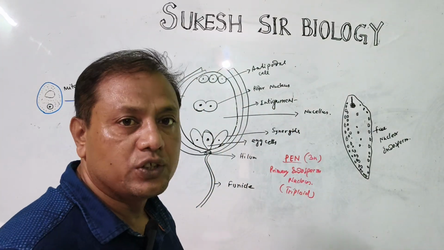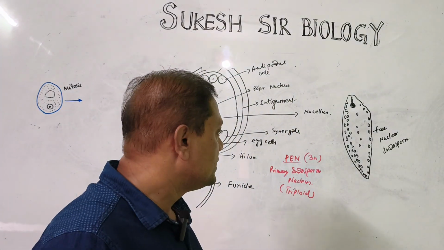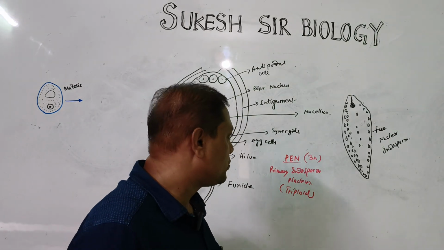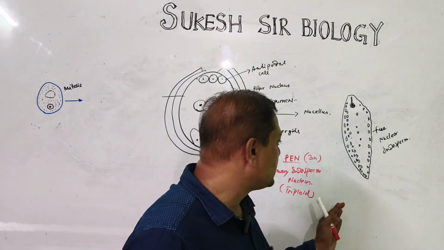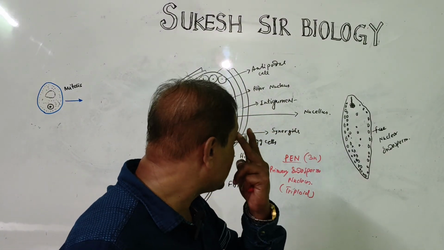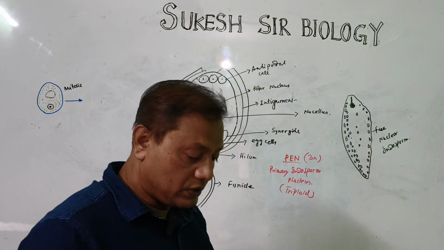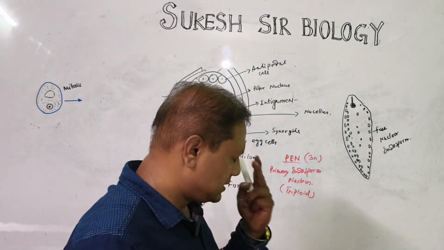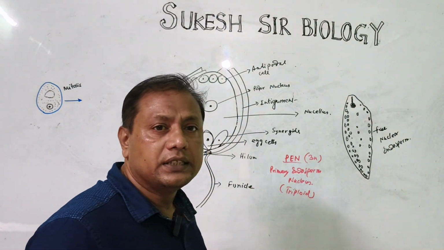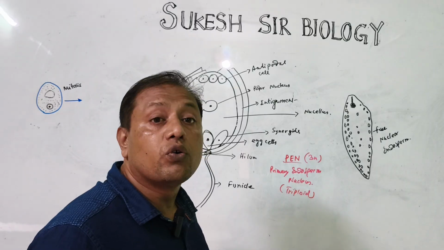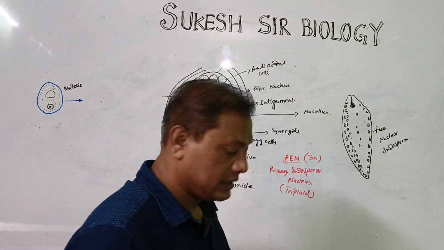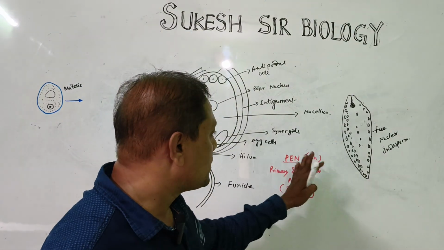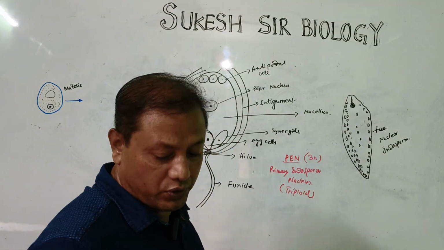Where do you get this type of endosperm? You can find free nuclear endosperm in coconut water. This is one part of the endosperm formation.